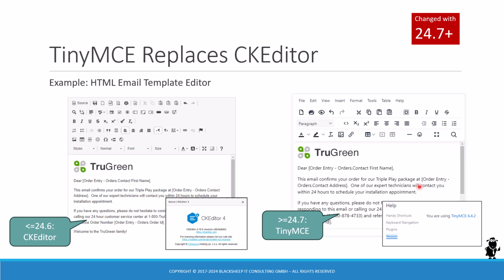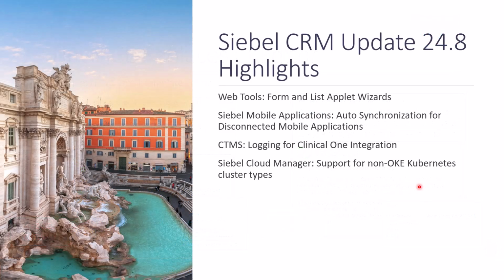And we have witnessed the replacement of the CK editor JavaScript library that powered the rich text editor until 24.6, and in 24.7 or higher, TinyMCE replaces CK editor, which is of course important to understand if you use rich text editors in your Siebel application, or you even have customized a CK editor and you update to anything higher than 24.7, so be aware of this change.